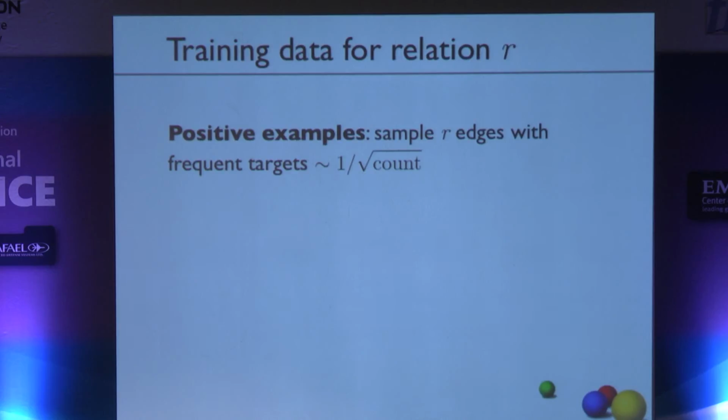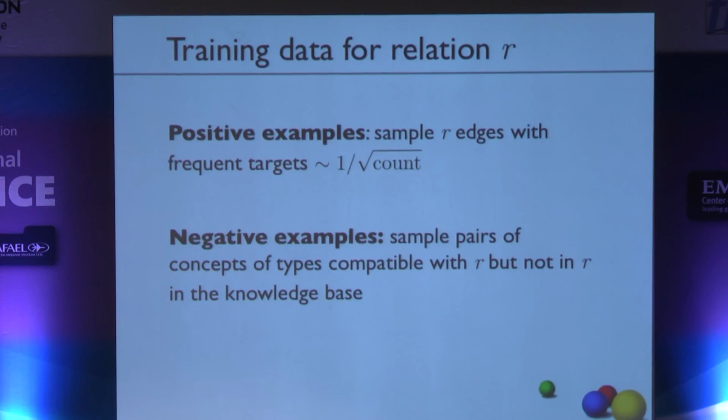So we're going to automatically generate training data for the relation of interest, say profession. And we have to be careful in doing that. For the edges for which we already know the relation in the knowledge graph in Freebase, we have to be careful because there are these frequent targets like actor that have a lot of fan-in.